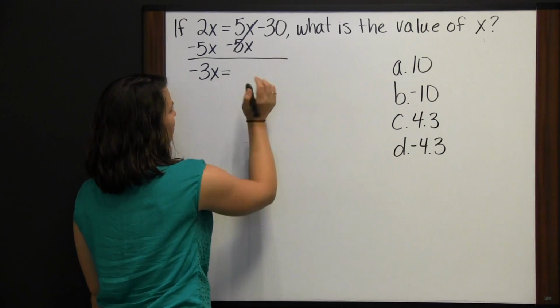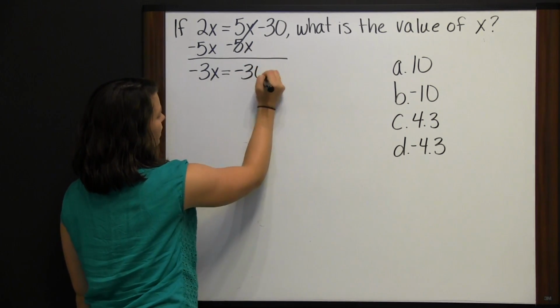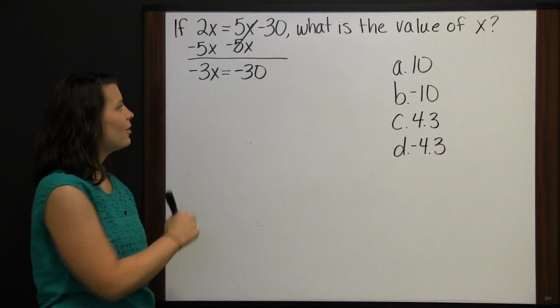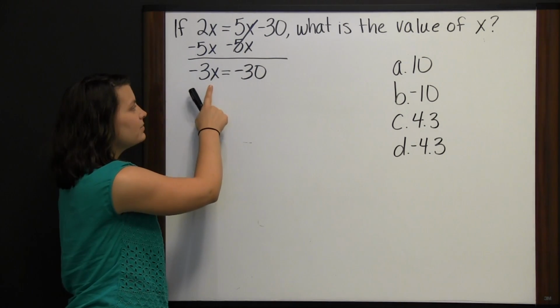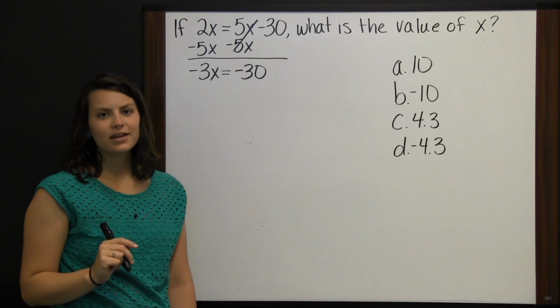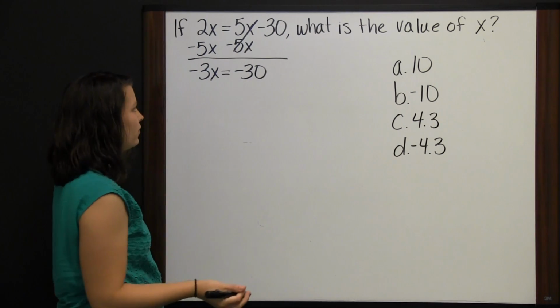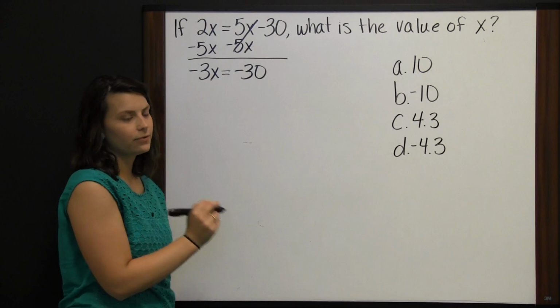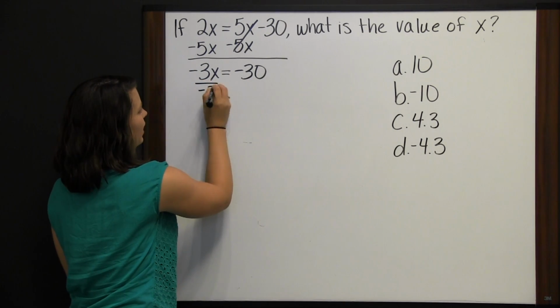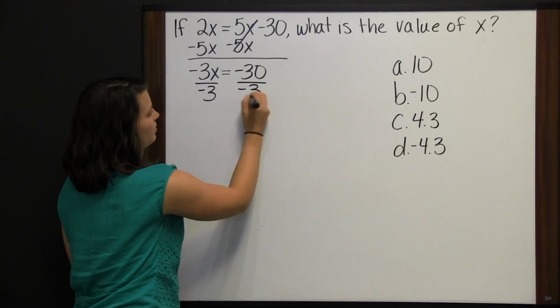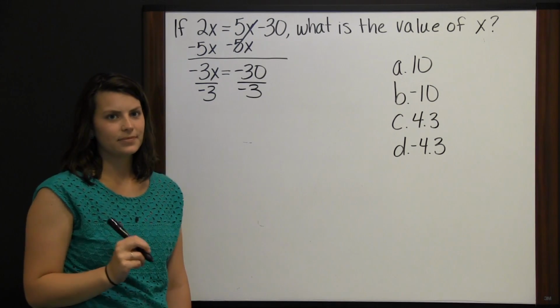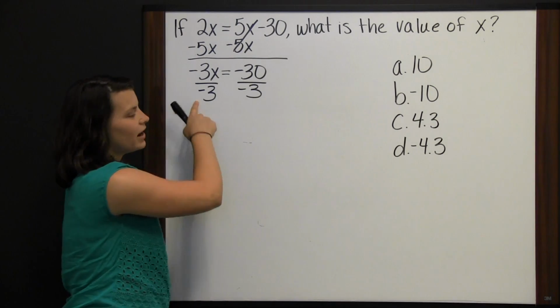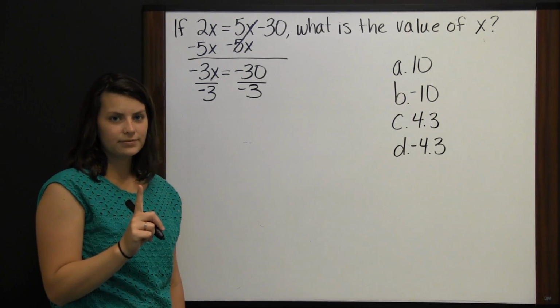And what we have left on the right side is negative 30. Now we have negative 3 times x is equal to negative 30. So to solve for x, we need to do the opposite of multiplying by a negative 3, which is dividing both sides by a negative 3. Negative 3 divided by negative 3 is 1.